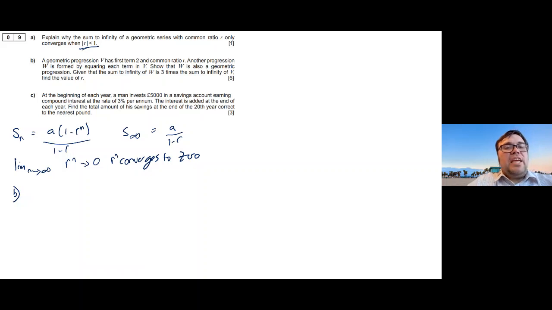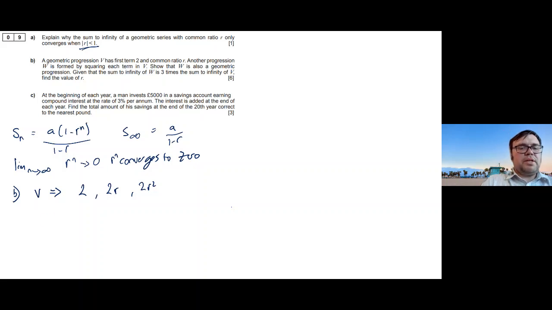Geometric progression V has first term 2 and common ratio r. So if V has a first term of 2, and then a common ratio of r, then the terms go 2, 2r, 2r squared, because with geometrics, you're multiplying by the common ratio as you go along.